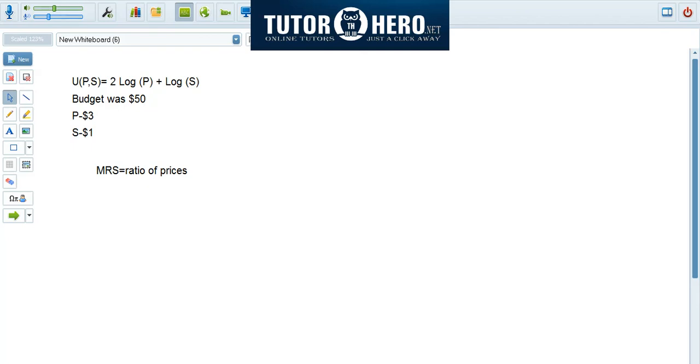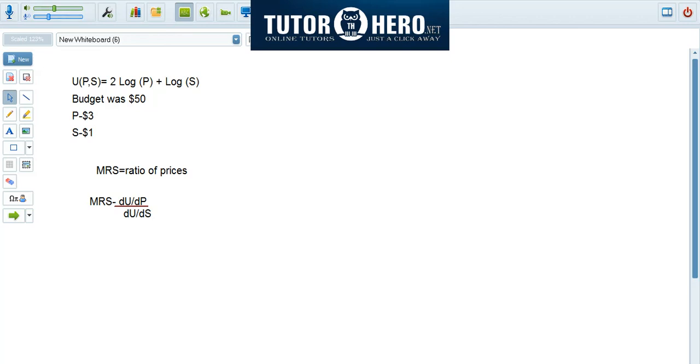The marginal rate of substitution is the derivative of utility with respect to the first good divided by the derivative of utility with respect to the second good. It actually doesn't matter which one you do first as long as you're consistent. So du ds over du dp would be equally valid as what we wrote. But for our purposes, we'll keep it as du dp over du ds.